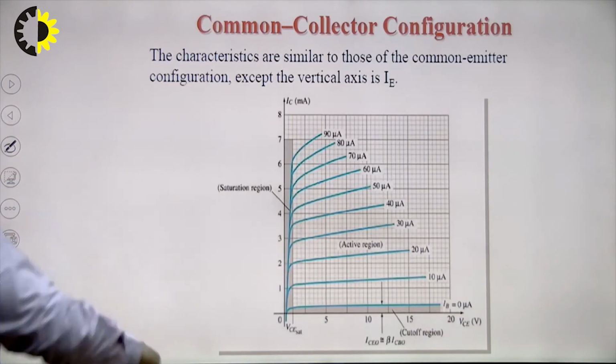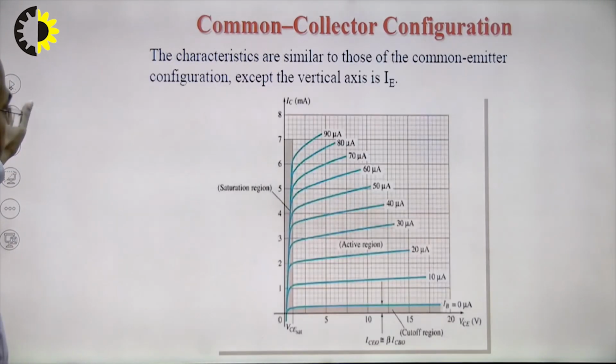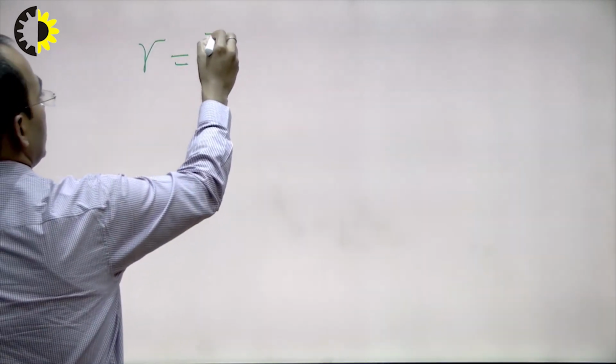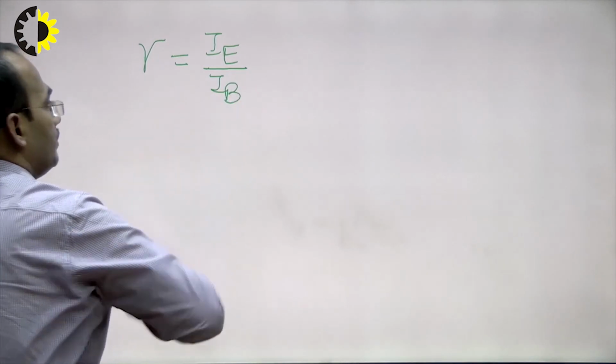So what is the gain of this circuit? Gain of the circuit, or amplification factor, is denoted by gamma. Gamma is nothing but IE upon IB.